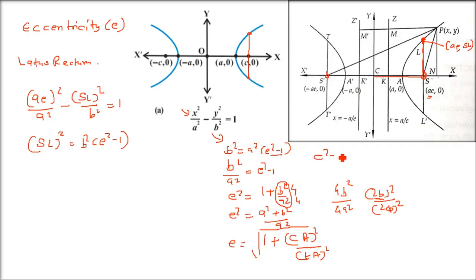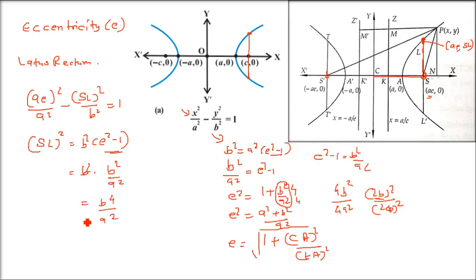We know that e square minus 1 can be written as b square by a square. I can always write that. So in place of e square minus 1, I am replacing it with b square by a square. After rearranging, this becomes b raised to the power 4 by a square.